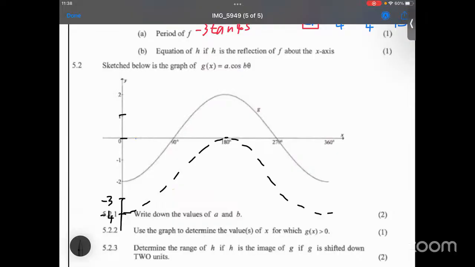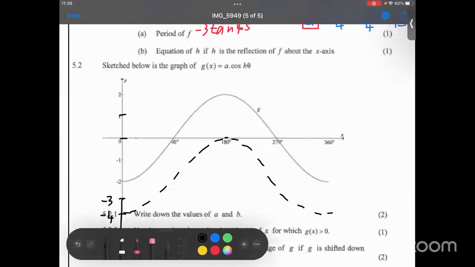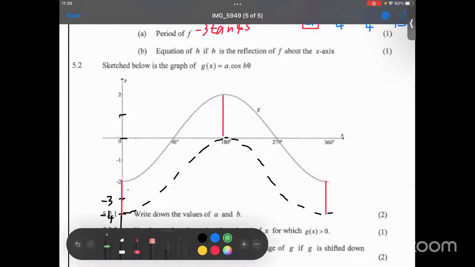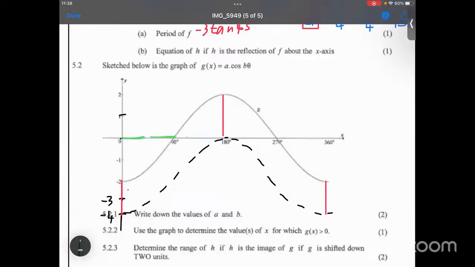There's a shift by 2 units. That means the difference between each point is 2. So that means there is that shift of 2 units. Everywhere, that difference must be a shift by 2. So can you see now that the new range is between -4 and 0.